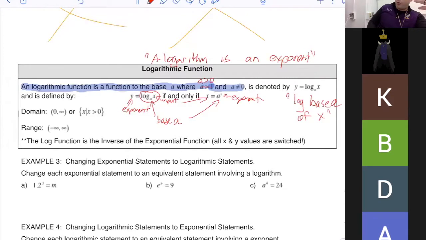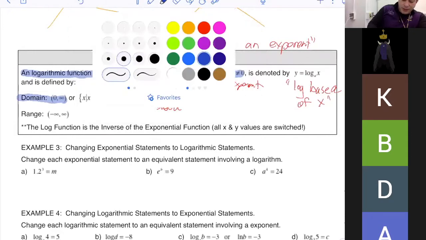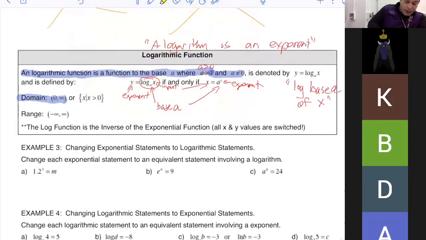A couple things to point out here, and we'll get back to translating in a second. The domain for logarithmic functions is from 0 to infinity. If you remember exponential functions, the domain was all real numbers, and the range was 0 to infinity. Well, that's the opposite here. Here, the range is all real numbers. So the domain and the range flip-flop for exponential and logarithmic functions.